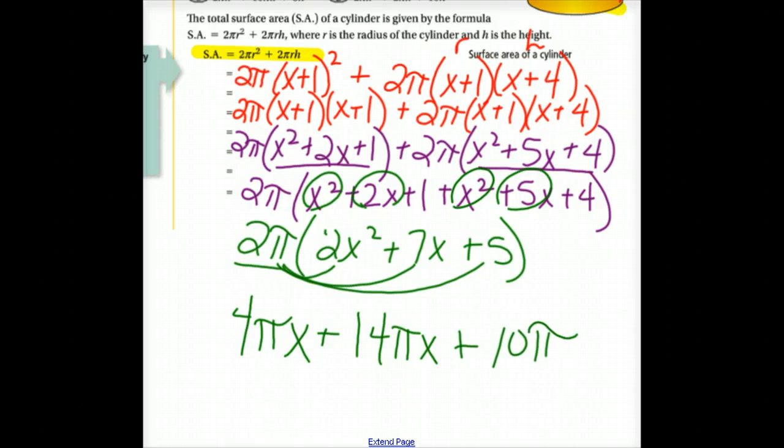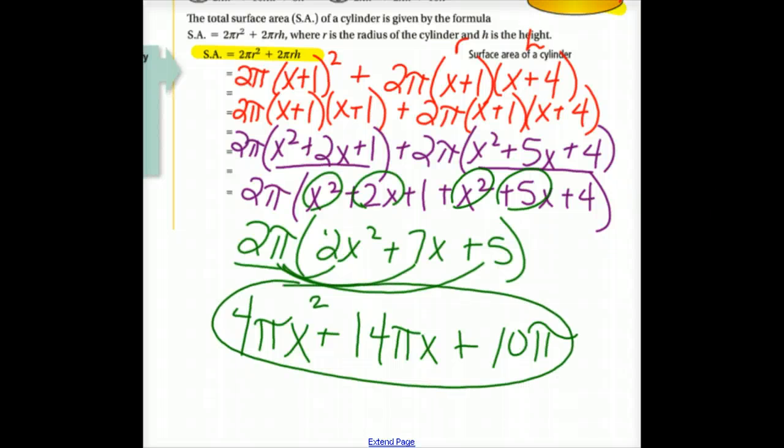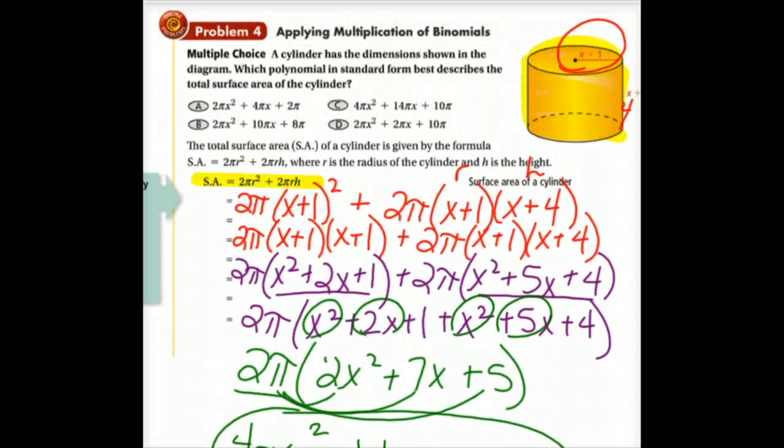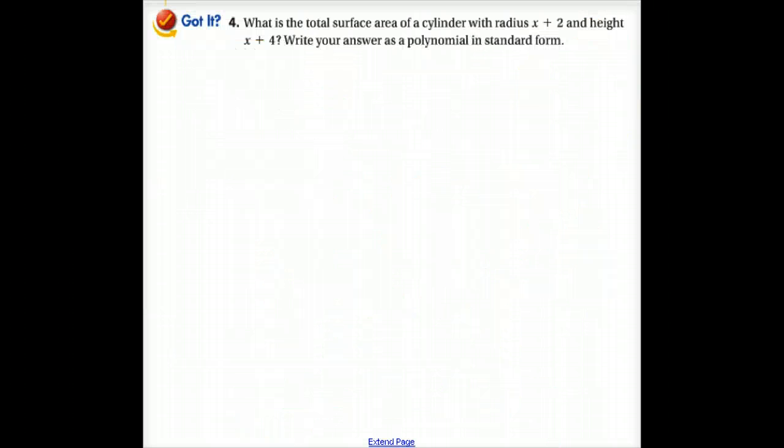Final answer. Oh, this is an x squared. There we go. Here's our final answer, and I believe that matches. If we go up, it matches answer C. All right, lots of steps, lots of binomials being multiplied.